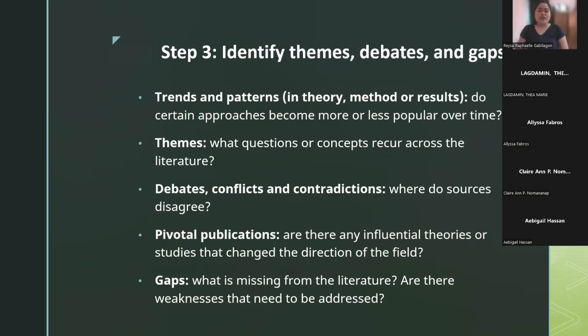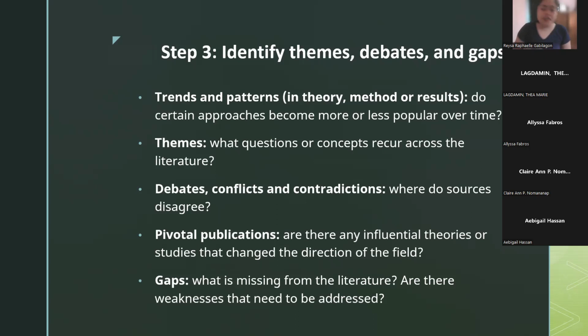Okay? You may also identify debates, conflicts, and contradictions among the written information. Okay? So you know what your approach will be in the RRL you will write. So that is also important, especially for related studies.